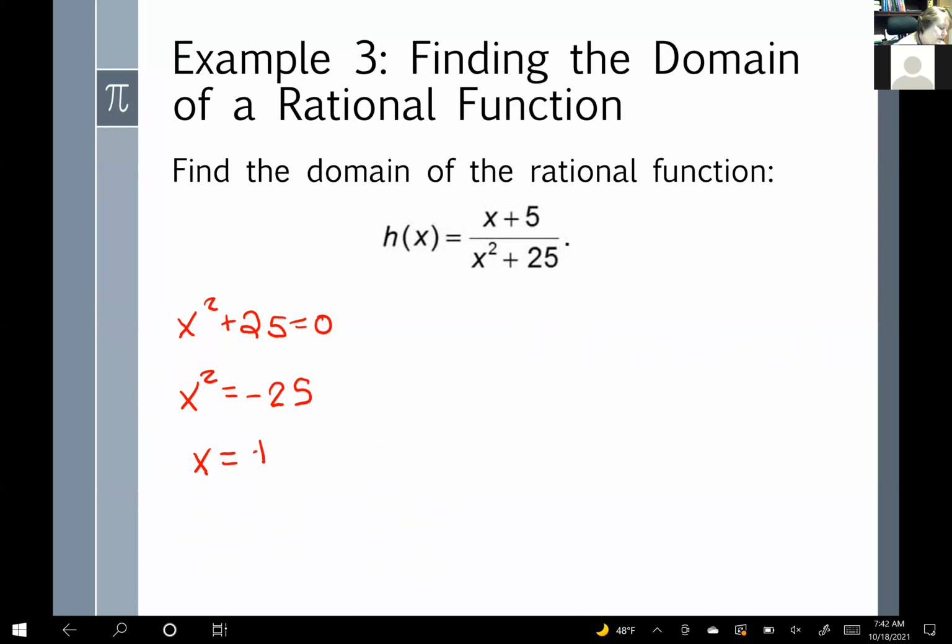So x would be plus or minus 5i. So since the solution to that equation is complex, then the domain is the set of all real numbers. There is no real number that if I plug it in for x, I get 0 for the denominator.